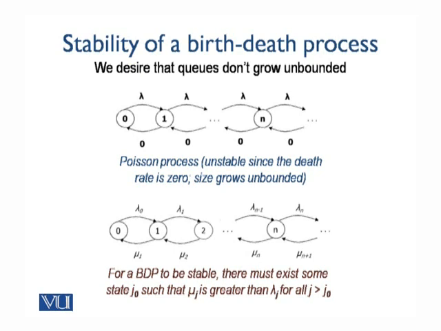In other words, when you go beyond that state, all the service rates are more than the arrival rates. And because of that, there would be a tendency for you to have decrease in the state, the number of customers in the queue. So in that sense, the birth-death process becomes stable. Let me again state it.